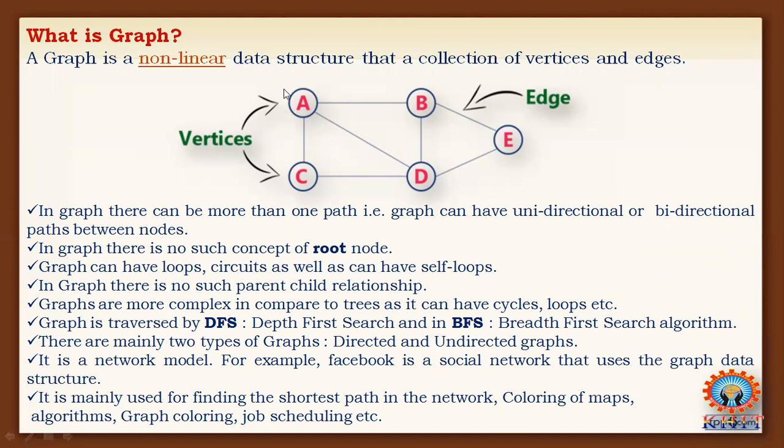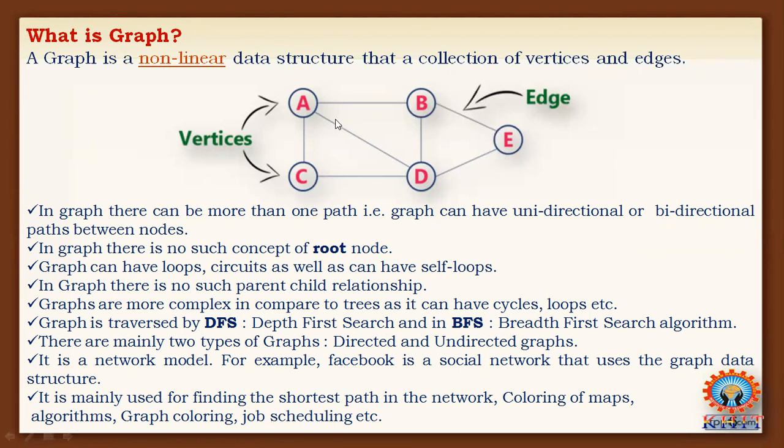Here there are five vertices, namely vertex A, vertex B, vertex C, vertex D, vertex E. These five circles are considered as vertices, and we can connect any two vertices. This connection is called an edge. Here we connected B and E with a straight line. The vertex B is connected with E with the help of the edge. This is considered an edge.